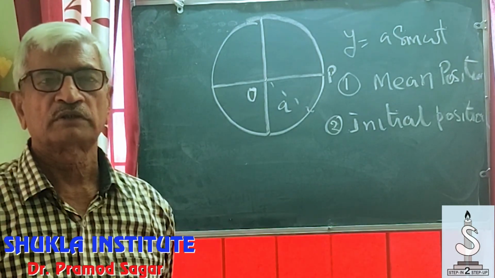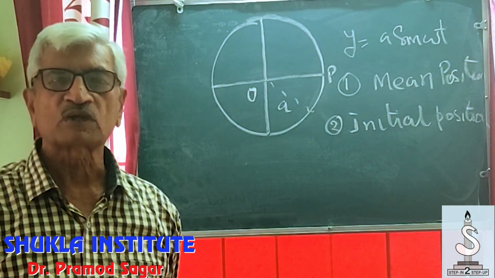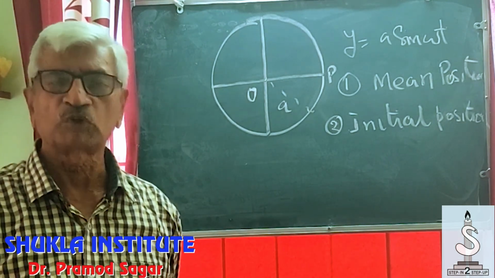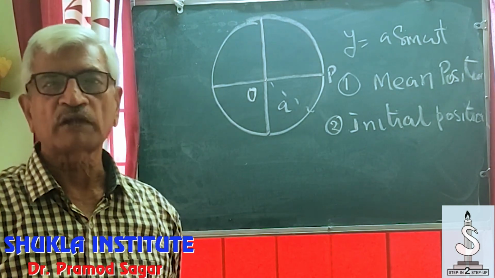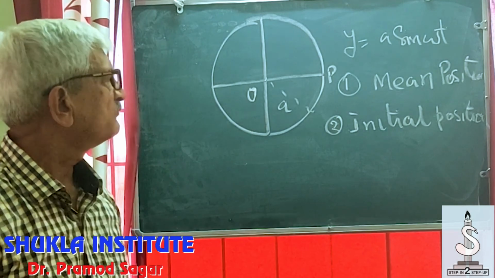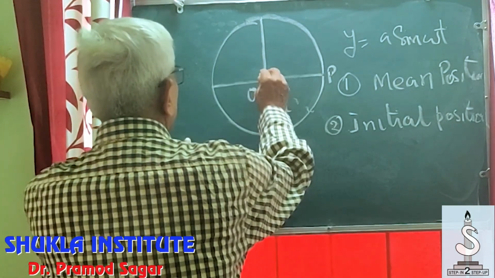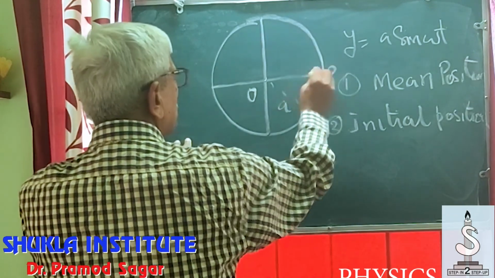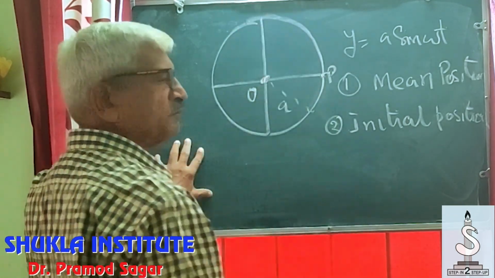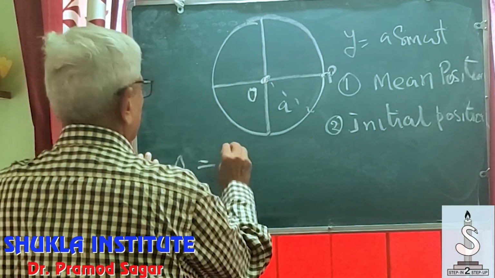Mean position is the position of the particle or the point in the absence of any vibration, any motion. So wherever the particle would be in the absence of any motion, that position will be called the mean position, and in this case OP is the position of the particle, O is the projected point, O is the mean position.